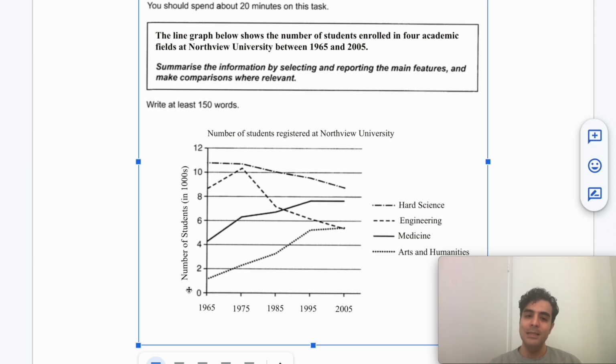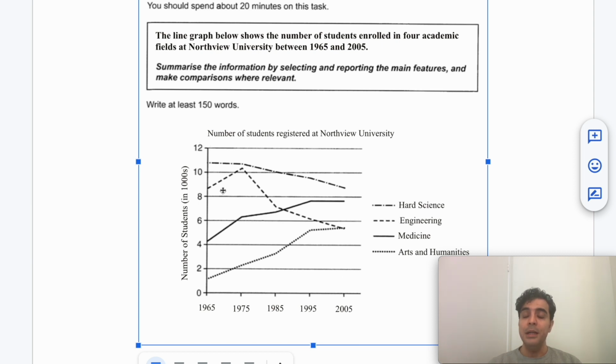So in this case, as you can see, next to the vertical axis, we have number of students in thousands. And as you can see, we have 2, 4, 6, 8, 10, 12. So that means 2,000, 4,000, 6,000, 8,000, 10,000, and 12,000, right? 12,000 what? Students. That's very important for you to remember.